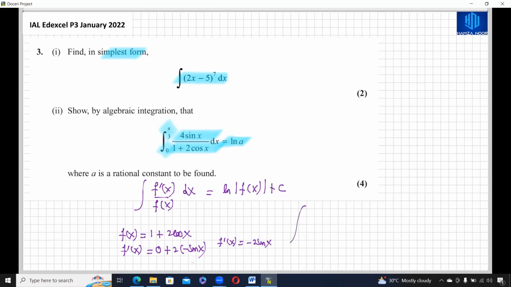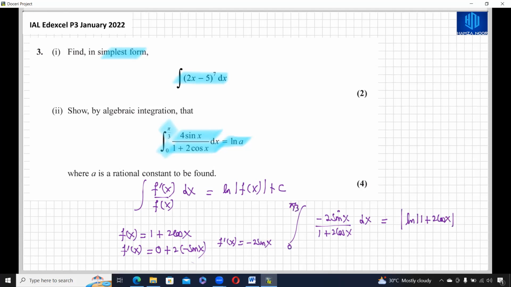So now we can say that if the integrand was given to us in this form, minus 2 sin x divided by 1 plus 2 cos x, we need to integrate this whole fraction with respect to x. So when you integrate it, you would get ln modulus of 1 plus 2 cos x, with the upper limit pi over 3 and the lower limit 0.